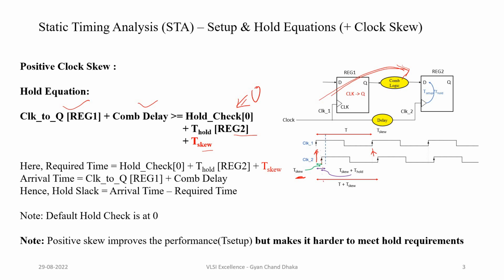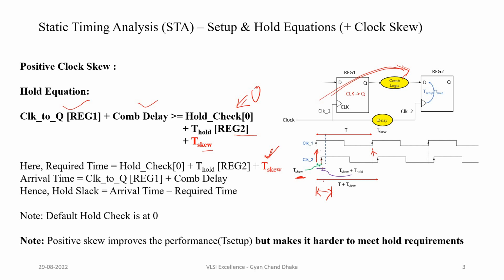Here the required time will now be this total time, which is clock skew plus t hold time of our capture flip-flop. So the required time has increased by t skew. The arrival time is nothing but clock to Q delay plus combinational delay of the combinational logic. Now the hold slack is always arrival time minus the required time.